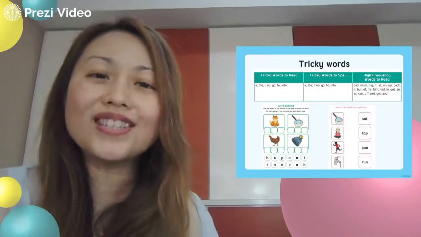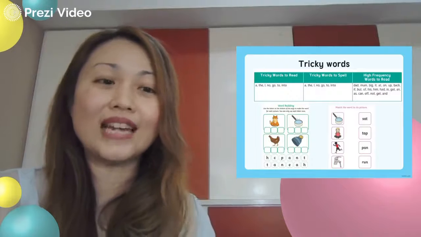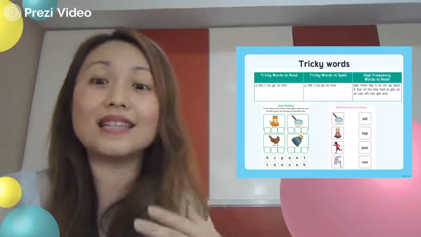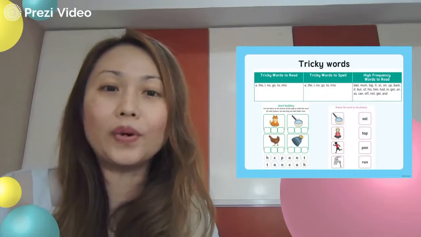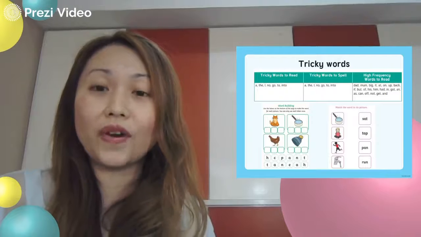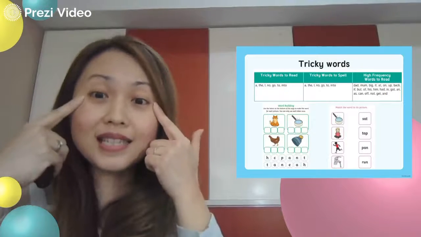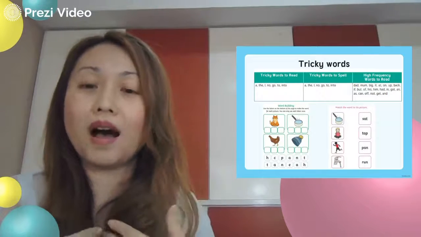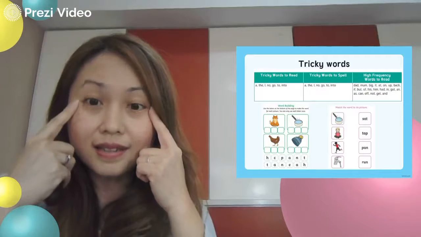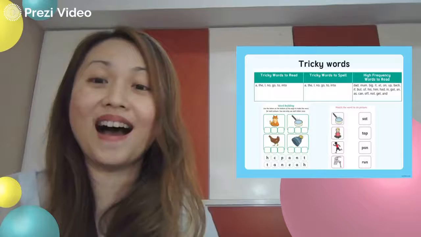Tricky words are words that phonetically can't be read as they are seen. For example, no and why. I is very different from this I. For example, I like orange versus I have a pair of eyes.